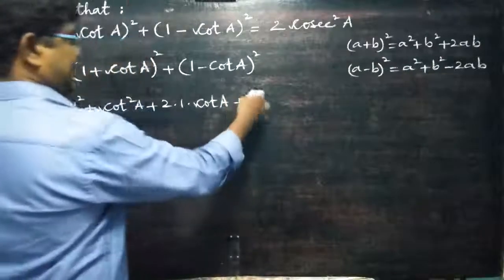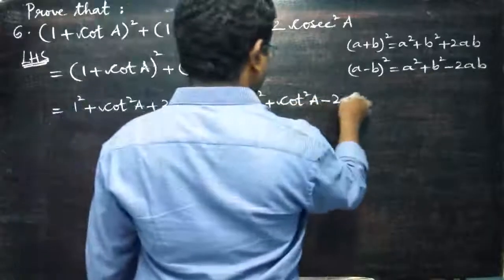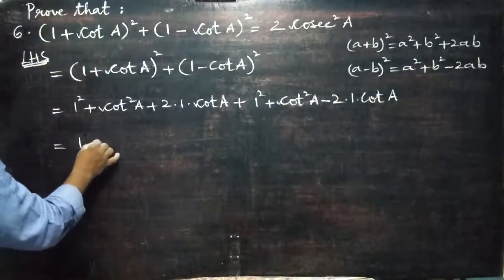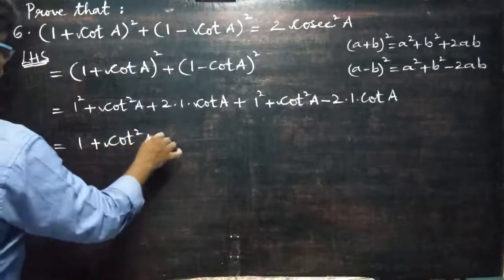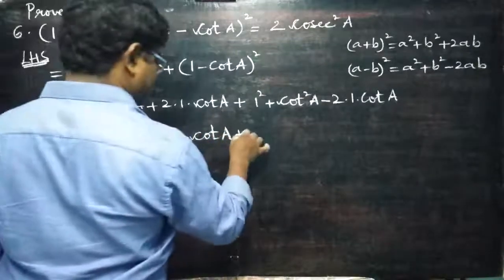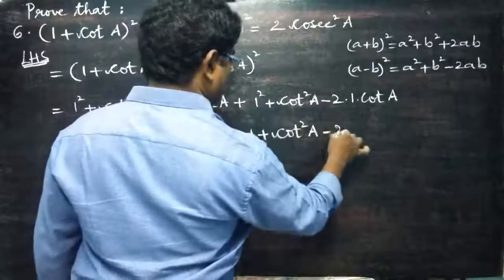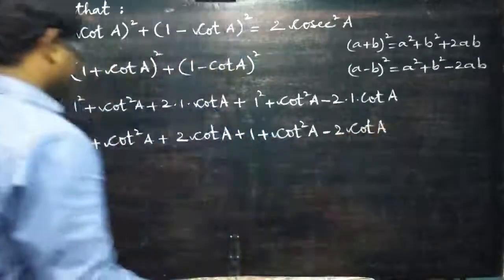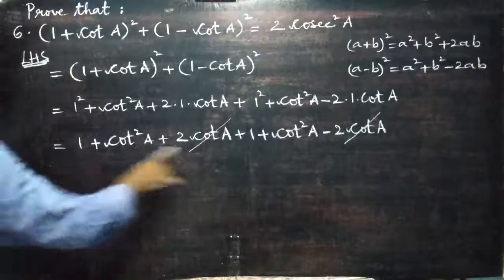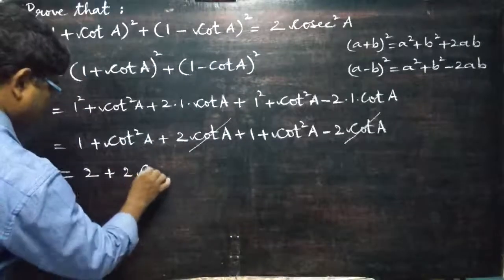Plus is there, and for plus no need for a bracket. 1 square plus cot square A minus 2 into 1 into cot A. Now that is equal to 1 plus cot square A plus 2 cot A, plus 1 square, which is 1 only, plus cot square A minus 2 cot A. So here plus 2 cot A and minus 2 cot A get cancelled. 1 plus 1 is 2, plus cot square A plus cot square A is 2 cot square A.